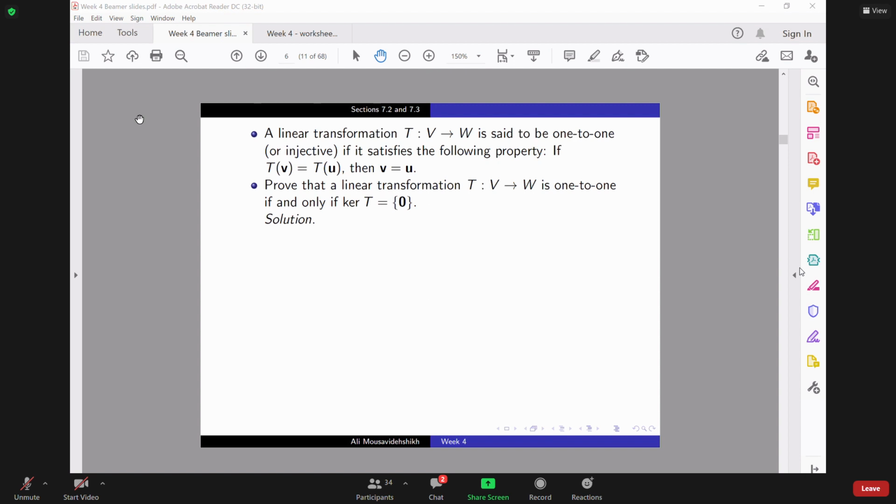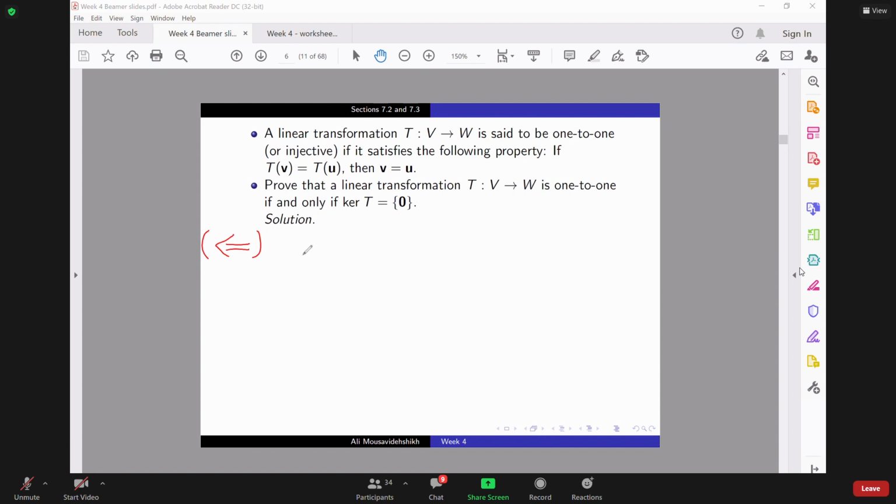I'll do one of them and leave the other for you to do as an exercise. Left to right or right to left? Right to left. Okay, sounds good.